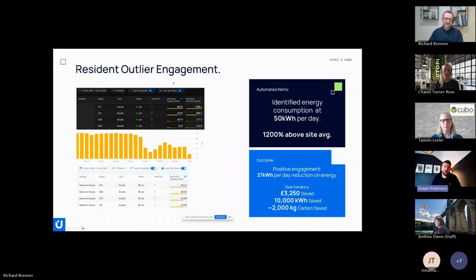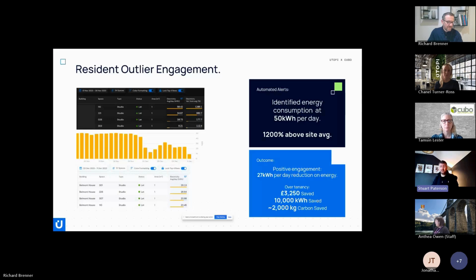So this is an apartment in one of our PBSA buildings, where in the top table on the left hand side, I should say, it's very, very small, but there's an apartment here that's consuming 50 kilowatt hours of electricity a day. To put that in perspective, your UK average sized home will consume, give or take, 8.